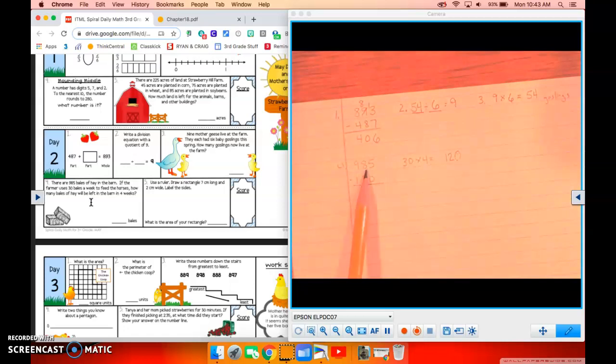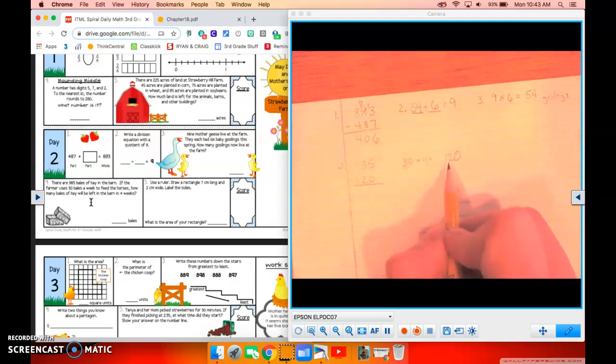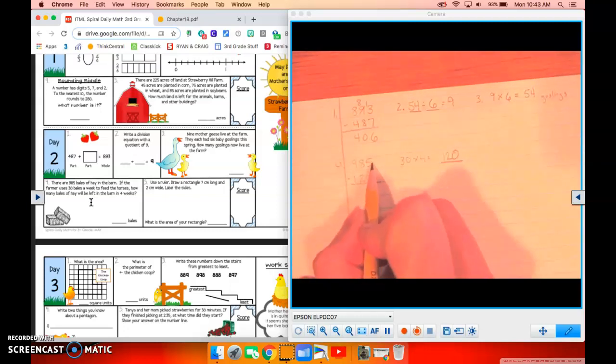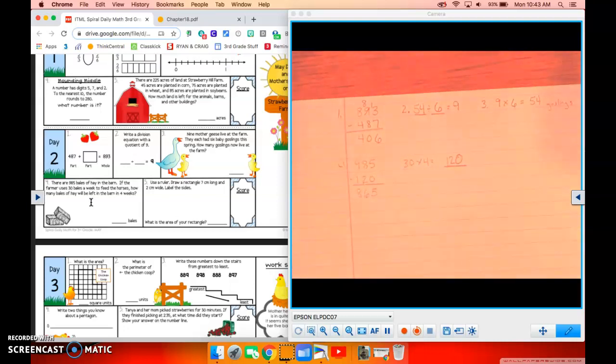If we start with 985 and we use 120, and it's asking how many bales of hay will be left in the barn, it's not asking how many we use, right? How many are left? So now we take that away. 5 minus 0 is 5. 8 minus 2 is 6. 9 minus 1 is 8. So 865, and the label is bales, and it's already there for you.